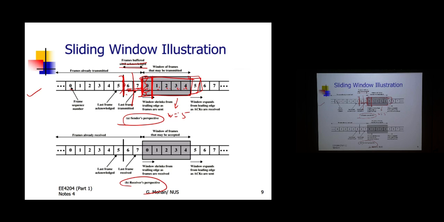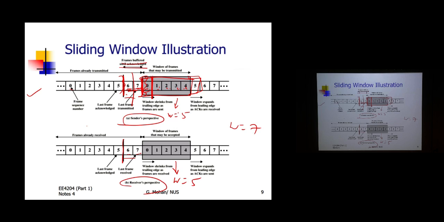Is that fine? Similarly, look at the receiver perspective. For this example, the receiver and sender look the same, but in practice they may not. Here also the total size is 7, but the current state is W equal to 5. There is a vertical bar here, and there are two numbers, 6 and 7.